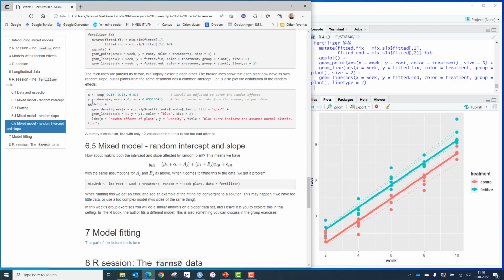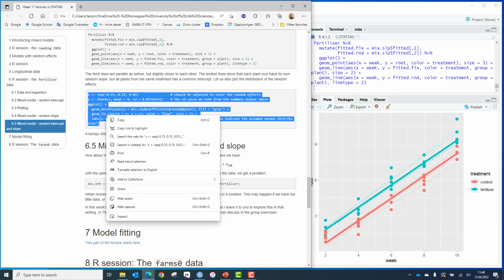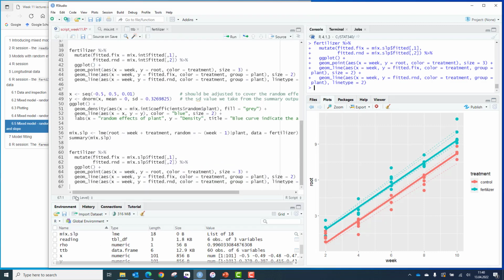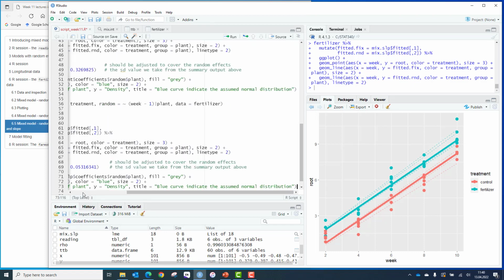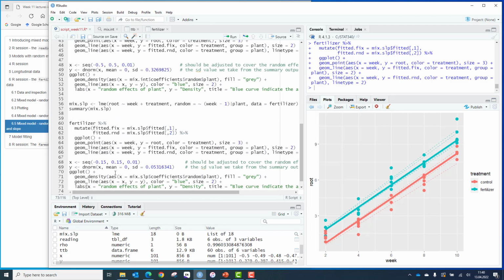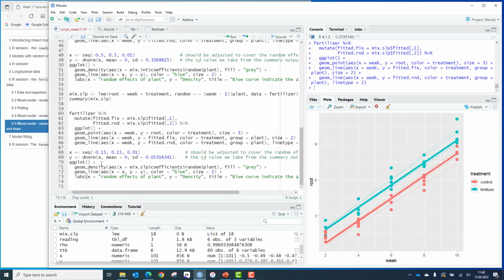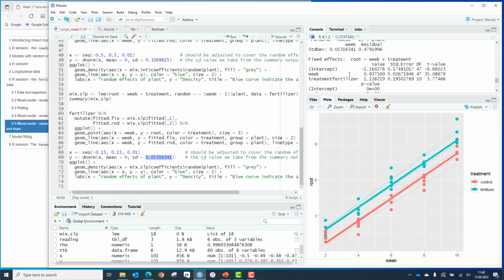And again, we can always look at this normal distribution, the theoretical one, like we did in the previous case, and see how this compares now to the data. So now I had to copy this value, right, from the output up here, this one. So now it's a normal distribution with much smaller standard deviation.